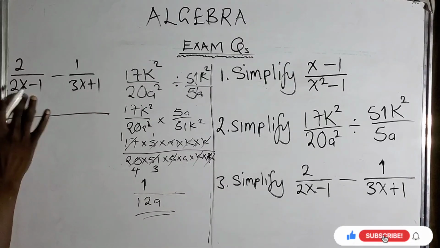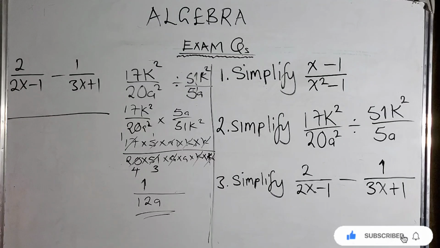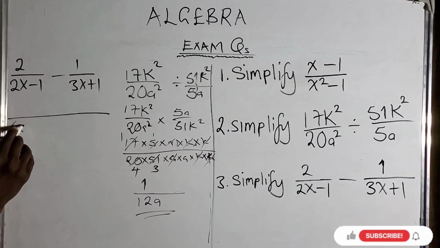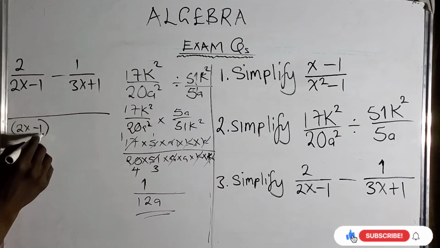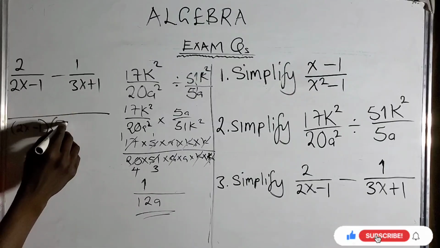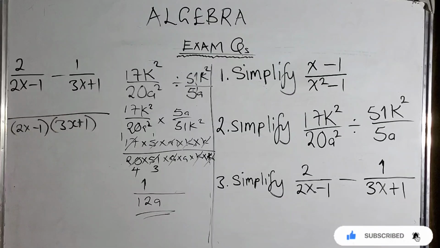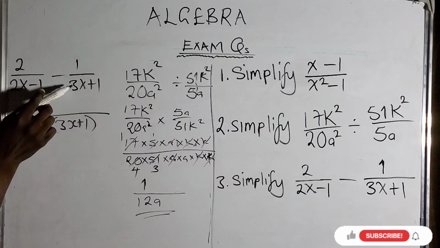When you look at this, you don't have what is common here. So you just multiply to come up with a common denominator. Now multiplying, I'm just going to show that I'm multiplying by putting brackets. Even this one in brackets like this. Then you're going to multiply these 2 times this side.